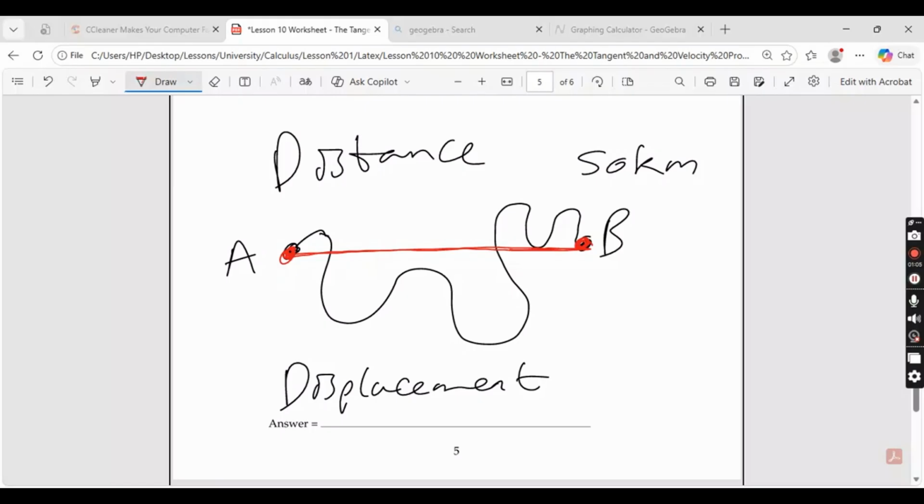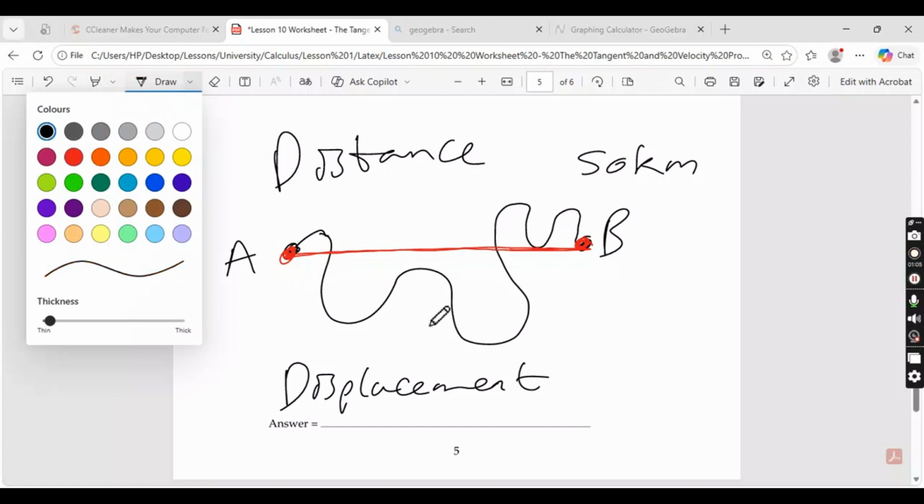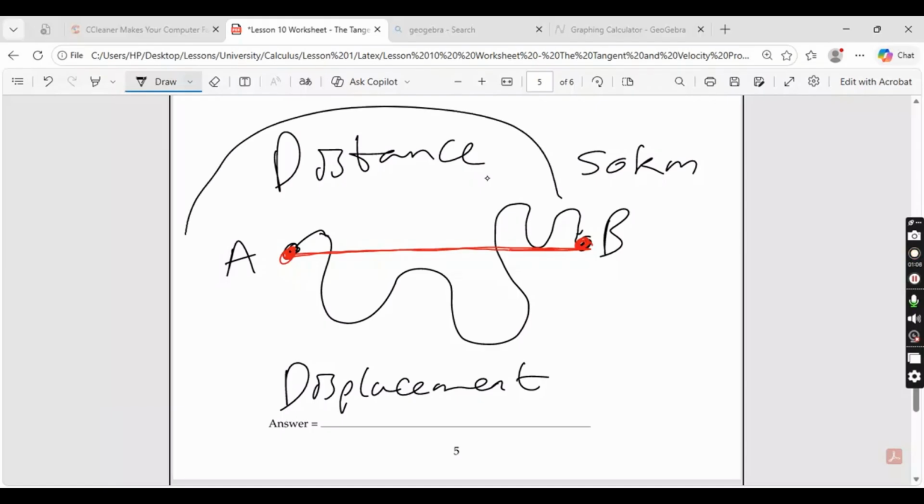So displacement is actually the distance of two points but in a straight line. That's why it's a bit different from distance, because distance is not restricted to being straight. If it's turning around, then goes all the way back, that's the whole distance of the journey.